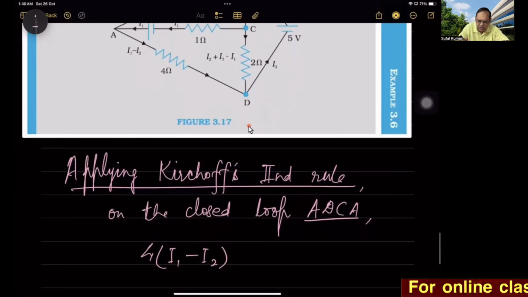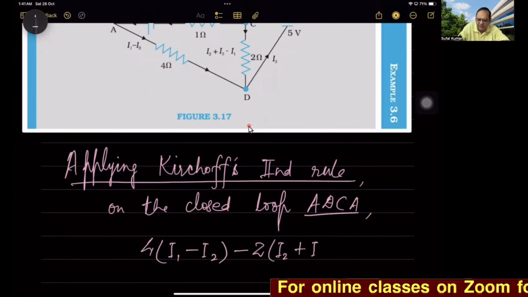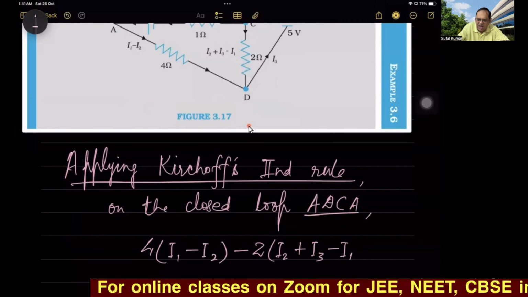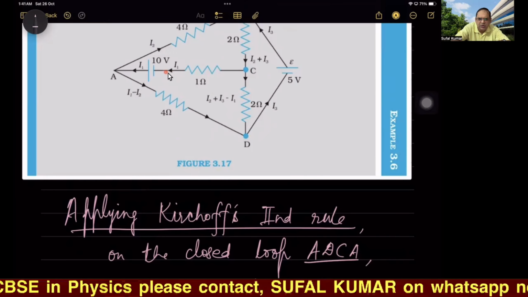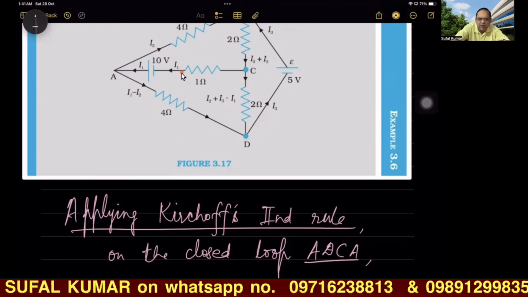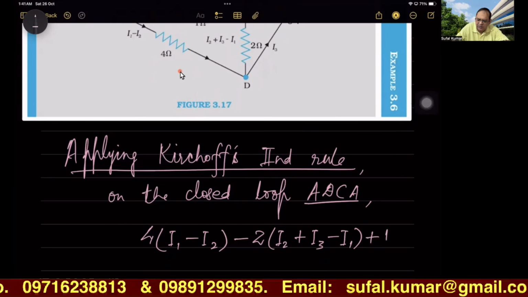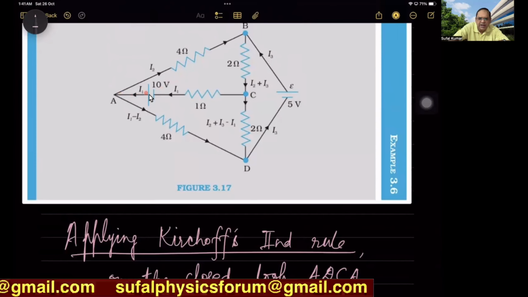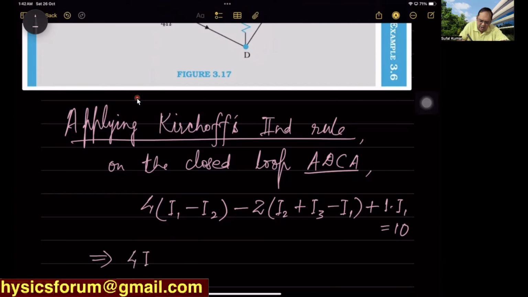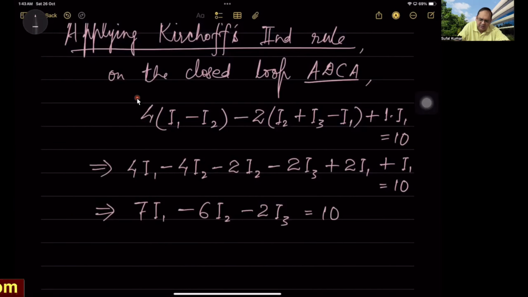Minus 2 into I2 plus I3 minus I1. Now again along the direction of current, so 1 into I1 plus 1 into I1 is equal to 10 volt. 4 I1 minus 4 I2. This is equation number 1.